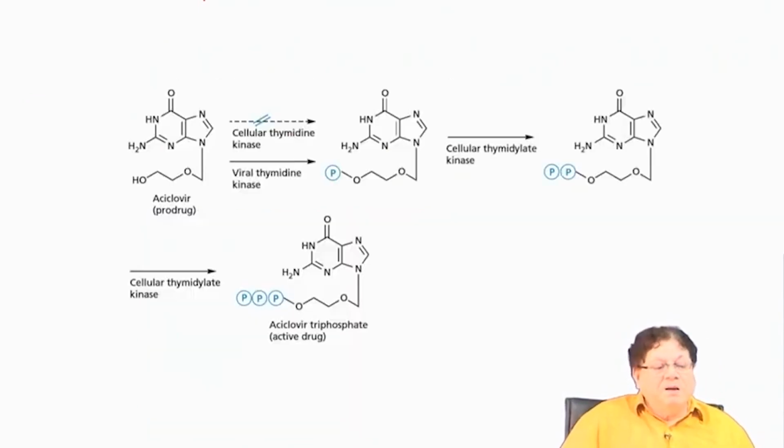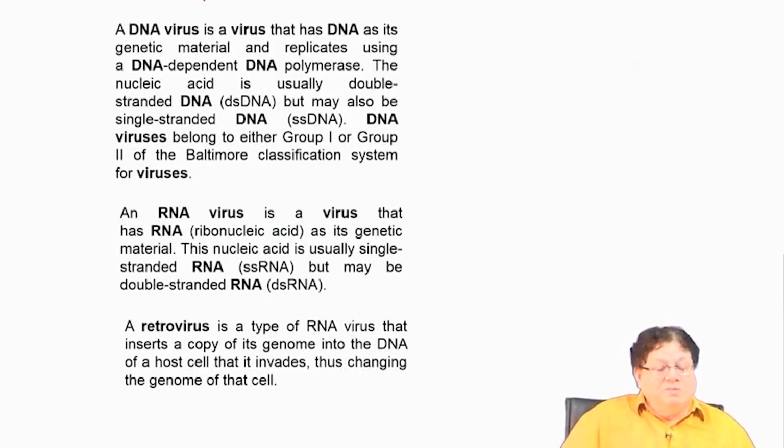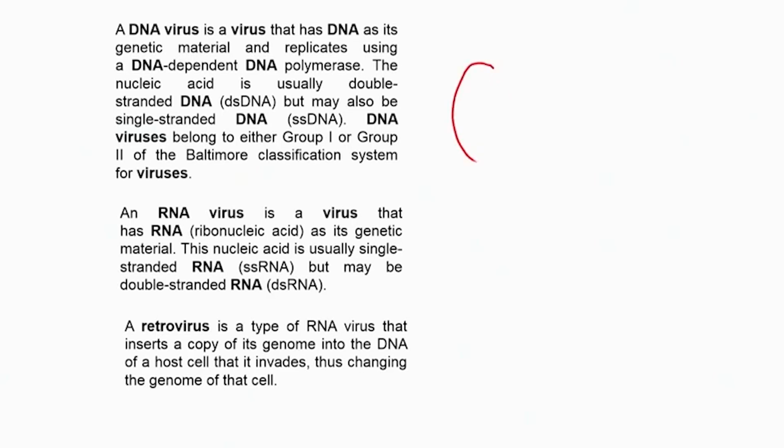Okay. Viruses are of different types, but the one common thing is that all viruses have what is called an envelope, an outside coat made up of glycoproteins, and then there is a circular thing which is called the capsid.